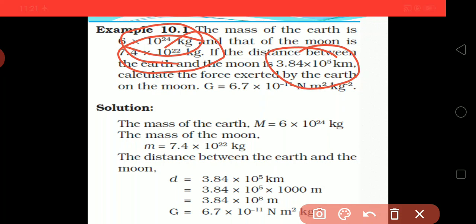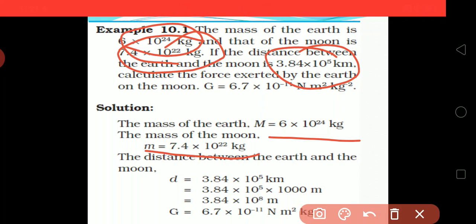3.84 into 10 raised to 5 kilometer. So here you can see that the mass of the Earth which is given is 6 into 10 raised to 24, and the mass of the moon, indicated by small m, is 7.4 into 10 raised to 22 kg.